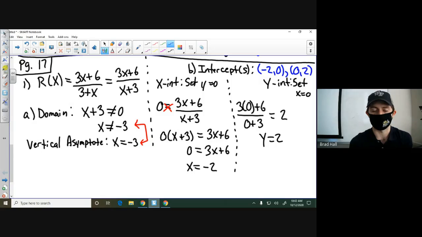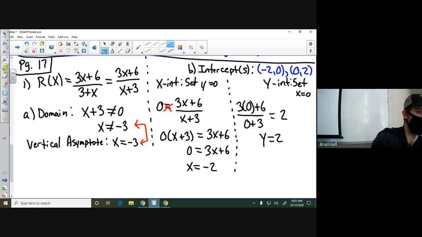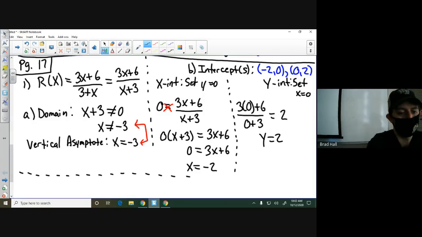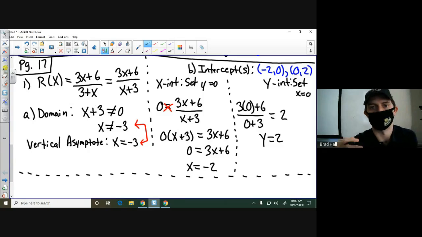So if you have not seen that video, this is a good initial understanding of what's going on. But I'm going to visualize asymptotes fairly soon.